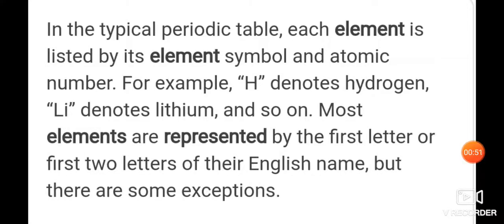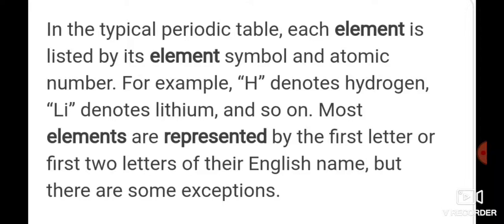Yes. Now see, in the typical periodic table, each element is listed by its element symbol and atomic number. For example, for hydrogen, H is denoted, for lithium, Li is denoted, and so on. Most elements are represented by the first letter or first two letters, right? For carbon, C. For helium, it is He.